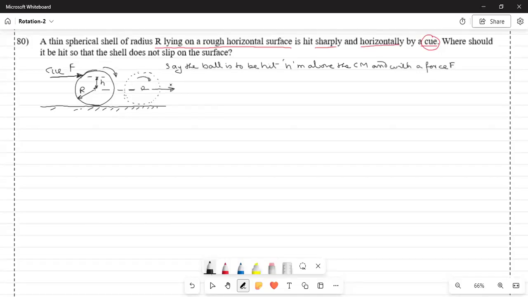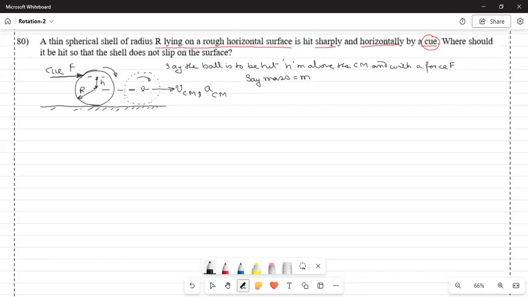Say the center of mass has a velocity v, we call it v center of mass, and also it has an acceleration a of the center of mass. These are the assumptions. And say the ball has a mass m.